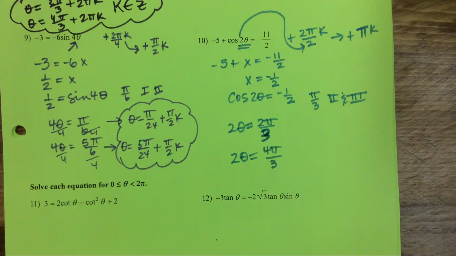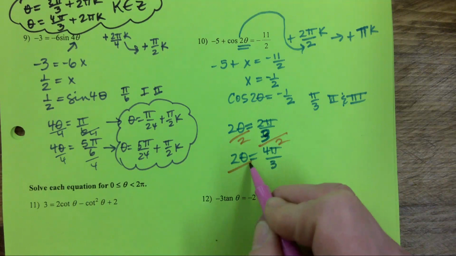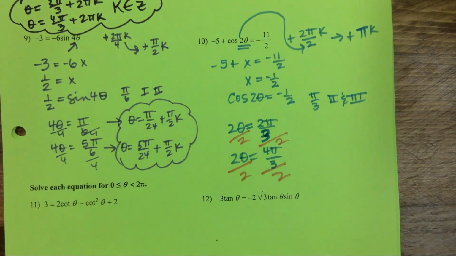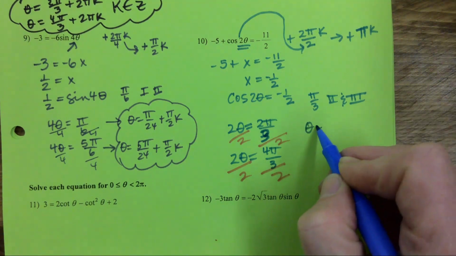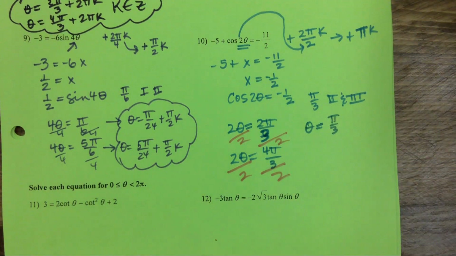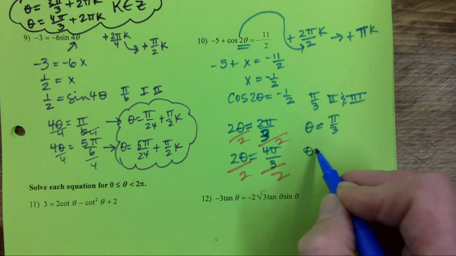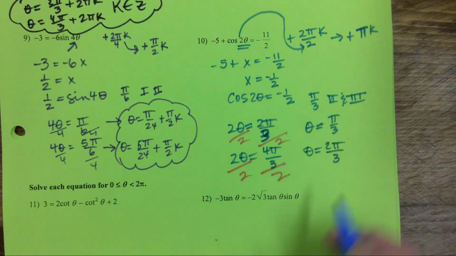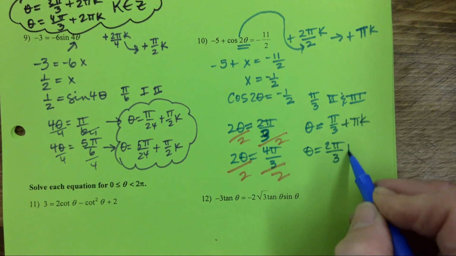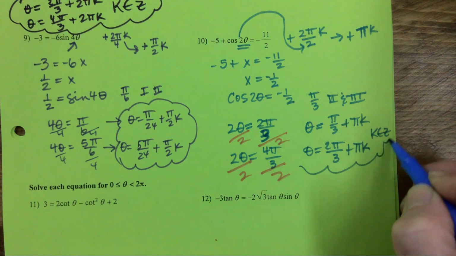And then I'm going to get rid of that 2, so divide by 2. So theta is 2 pi over 3 cut in half gives me pi over 3, or 2 pi over 6, which you can reduce. And then 4 pi over 3 cut in half gives me 2 pi over 3. Plus pi k. K is an element of the integers.